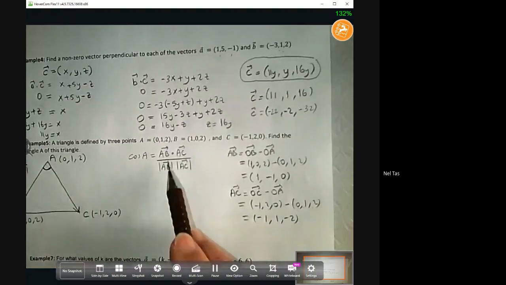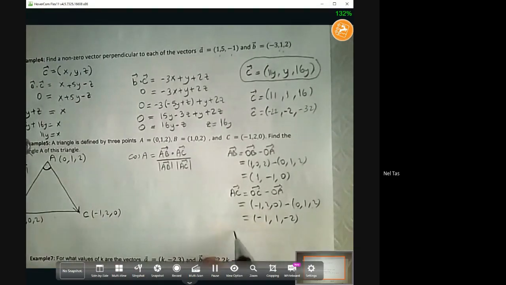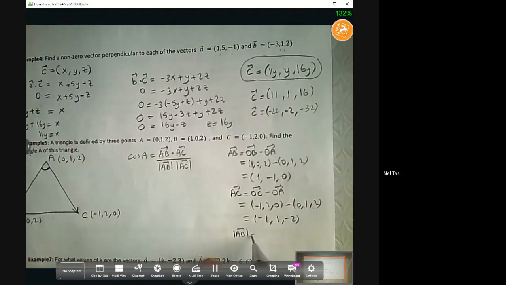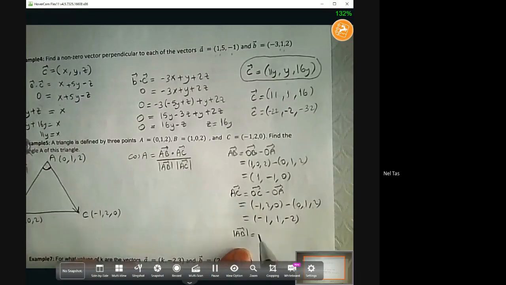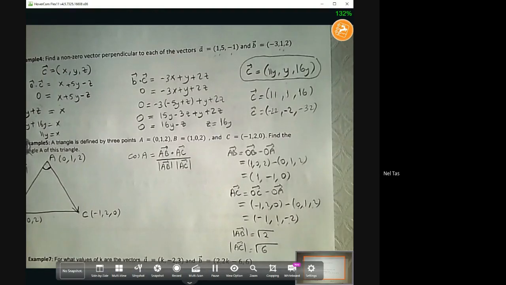Okay, we also need the magnitudes of the AB and AC vectors. So magnitude of AB: square root of 1 squared plus 1 squared gives you root 2. Magnitude of AC: square root of 1 squared plus 1 squared plus 2 squared gives you square root of 6.